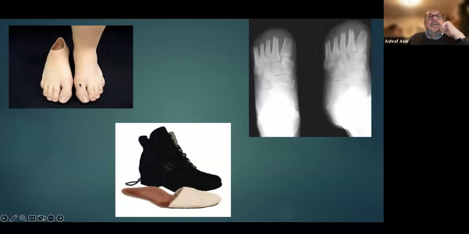Or you put him in this silicone device, but this is not good enough to control the remnant of the toes in the toe-off part of the gait. You end up with the patient's ankle going out all the time. The tibialis posterior is not well functioning here.